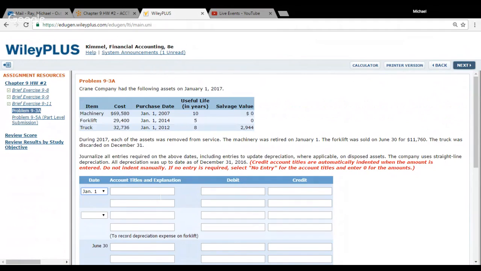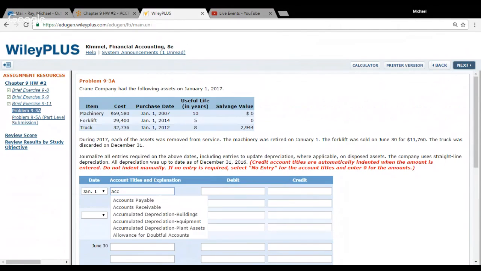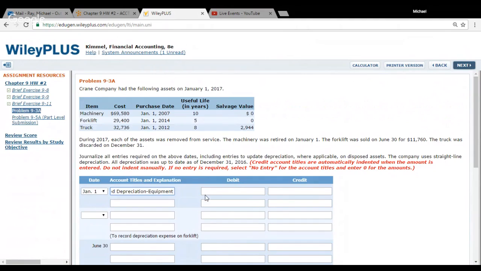When you want to retire machinery off the books, what we're going to want to do is debit accumulated depreciation for the equipment here.